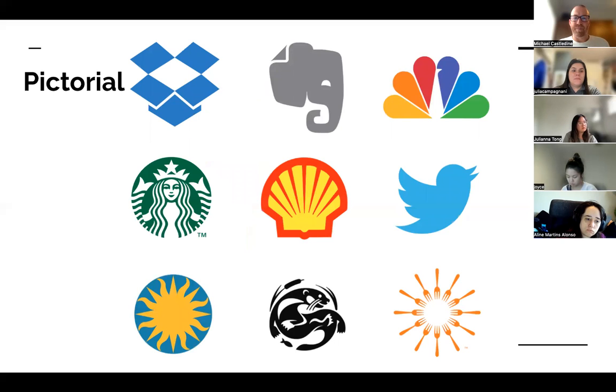Pictorial marks are often used to create literal or recognizable images, right? So it's a way to translate sometimes complex ideas or just give a simpler form. It's sometimes difficult to create that simple form, but it gives a lot of powerful imagery and can be really, really powerful.